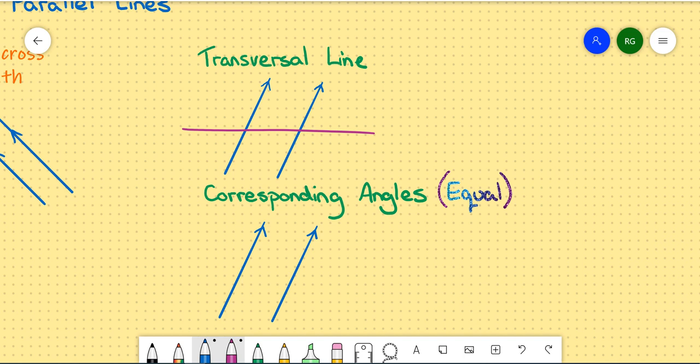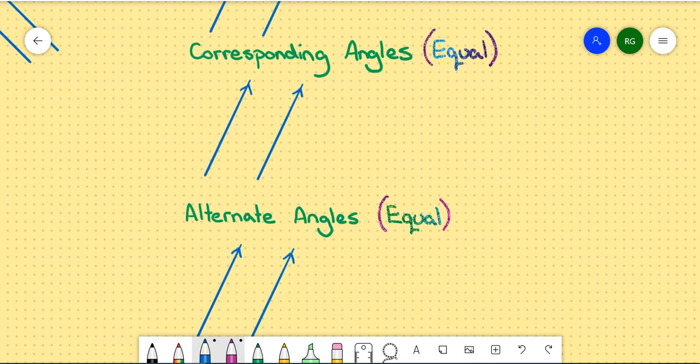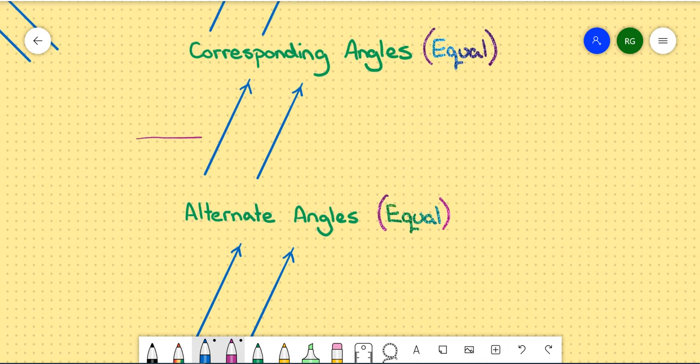Now, that's going to be important for the next little bit as we look down to corresponding angles. When I put that line in like that, you might remember from the last lesson, these would be vertically opposite angles. Now, corresponding angles, as it says up in the top right, are equal angles. Again, this is something that you need to try and remember. There and there, those two angles are identical.